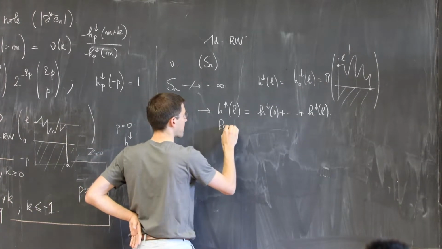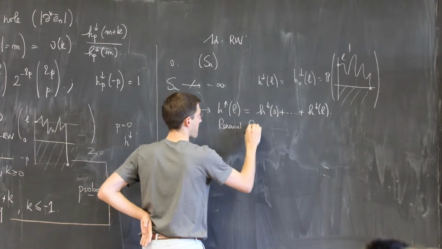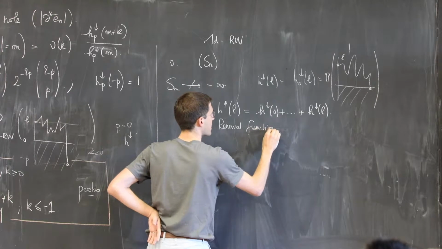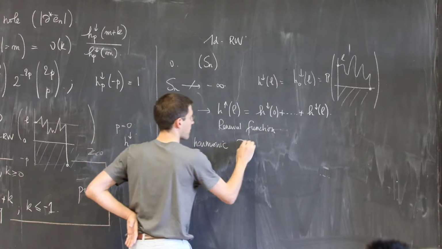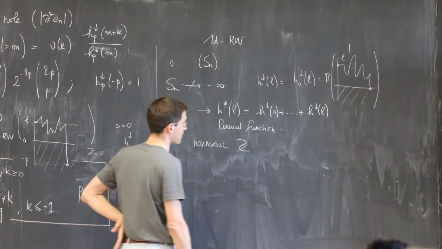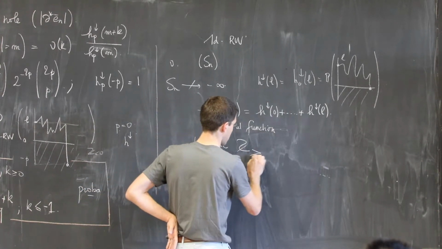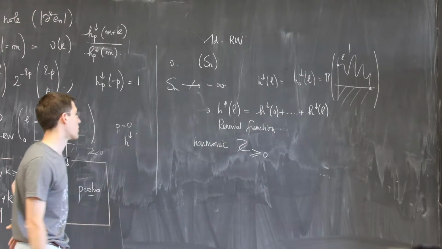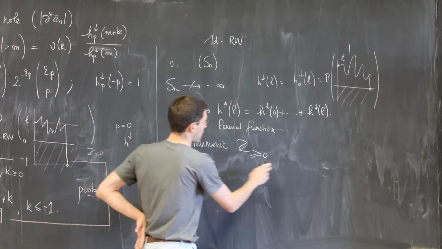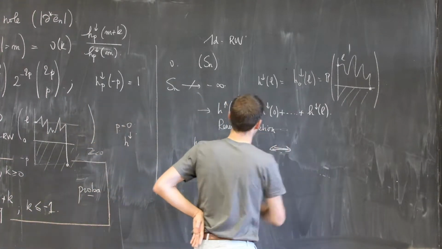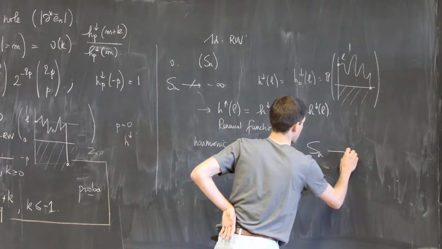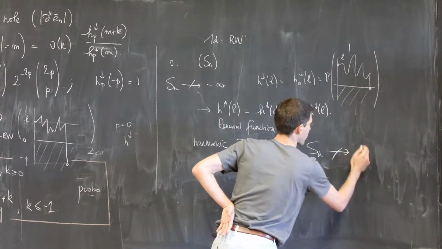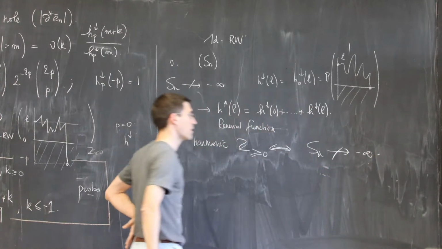And we saw that this guy is actually harmonic on Z positive or null, if and only if the walk is not drifting to minus infinity. Okay?